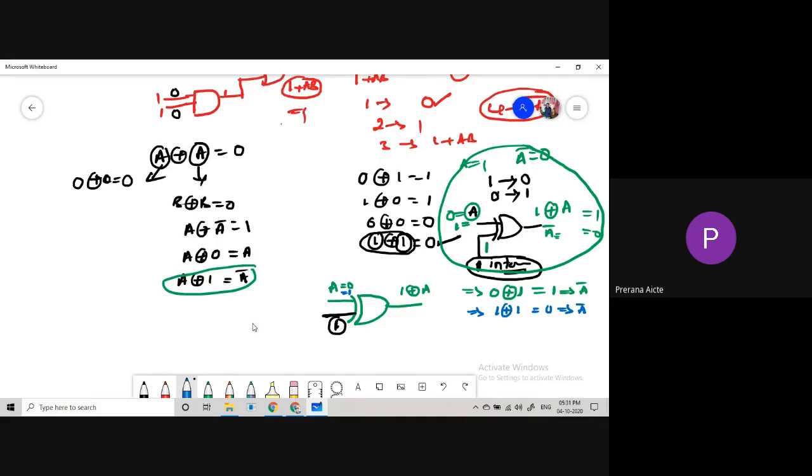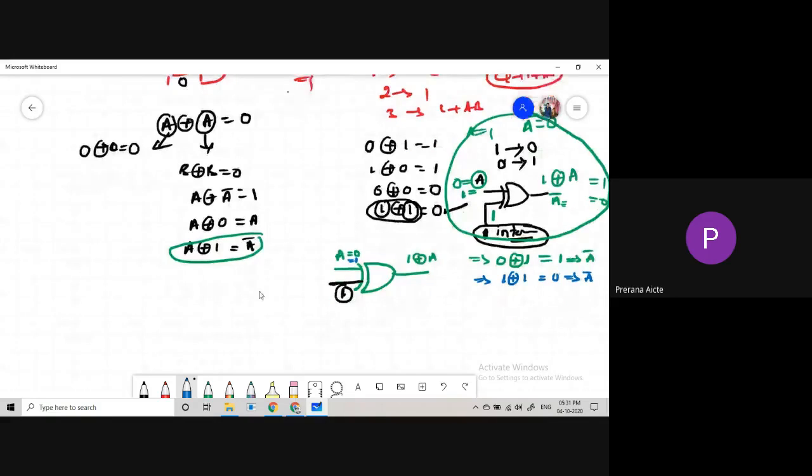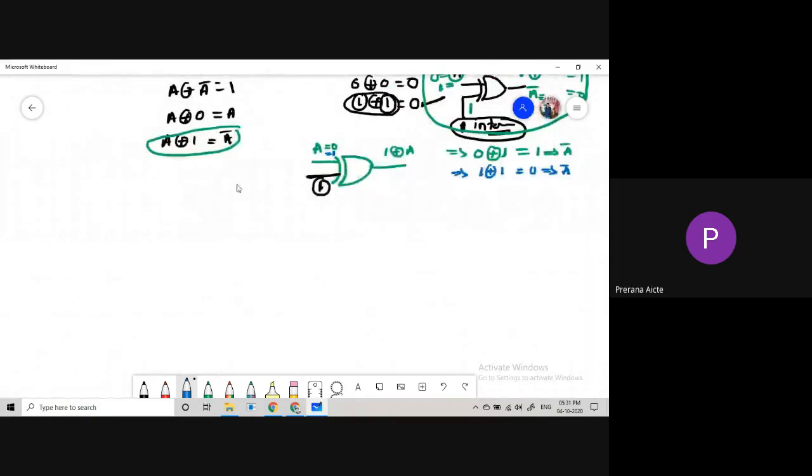So next problem. Based on this XOR operation, these are the applications of the XOR gate.